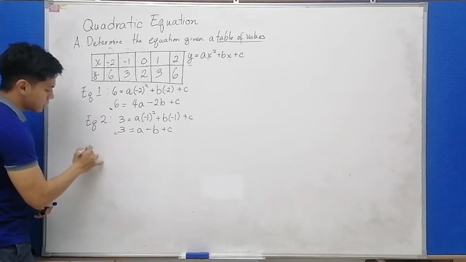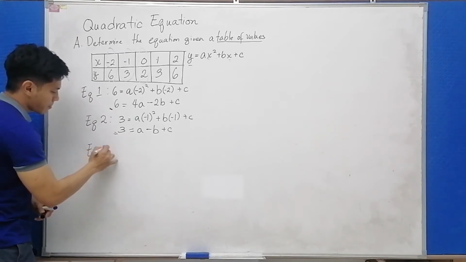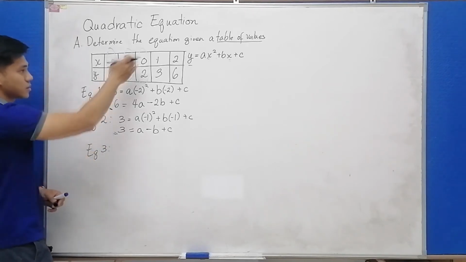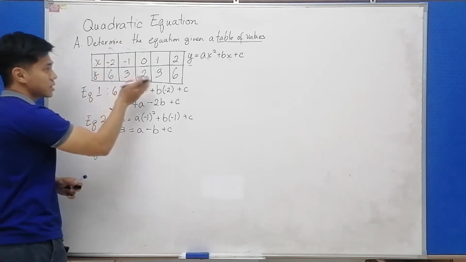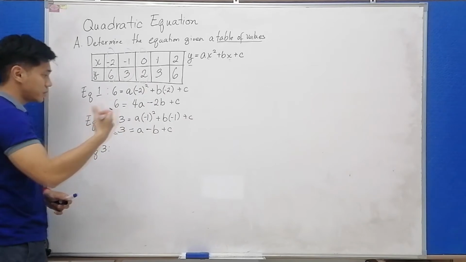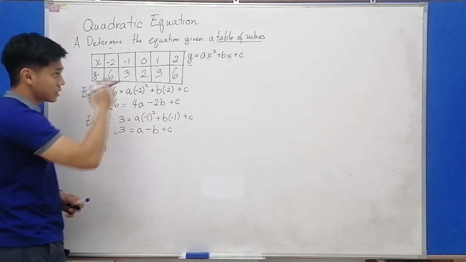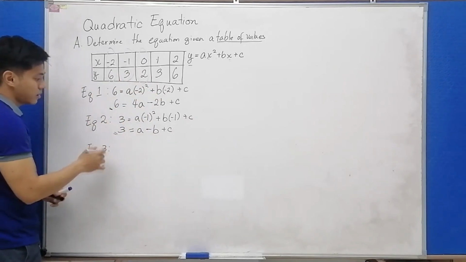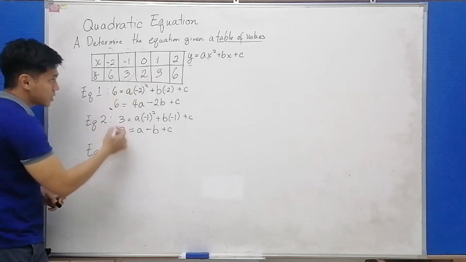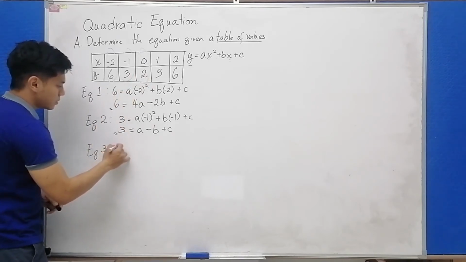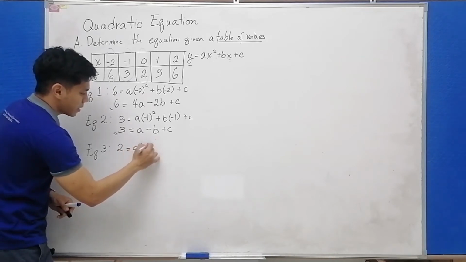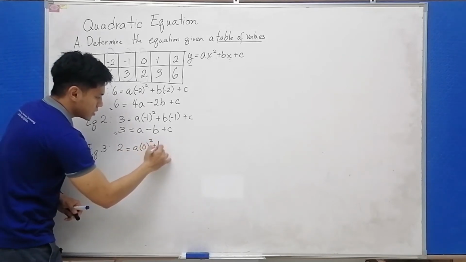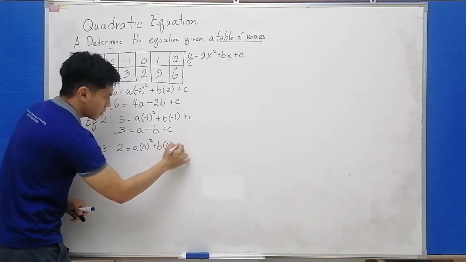And for our third equation, we'll take the third pair. Take note that the pairs we will be using have to be consecutive, so they have to be next to each other so that we can properly find the equation. Substituting that, we have 2 is equal to a times 0 squared plus b times 0 plus c.